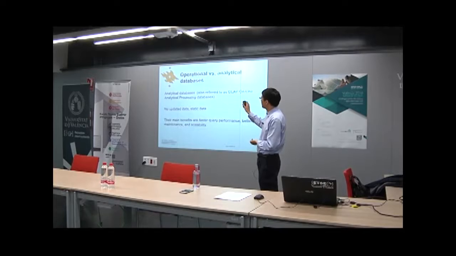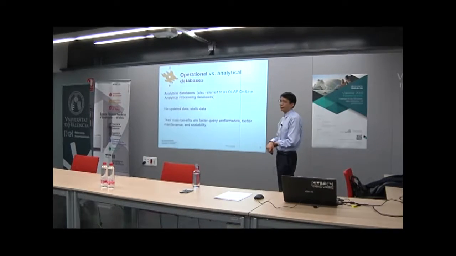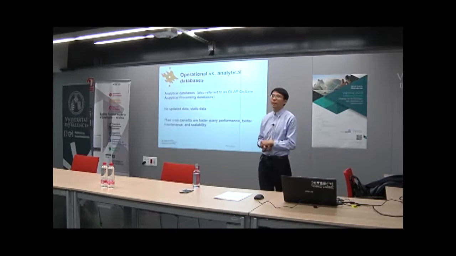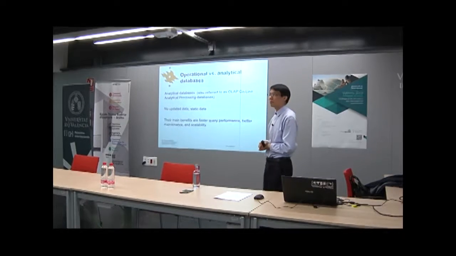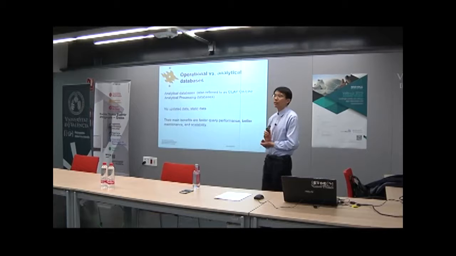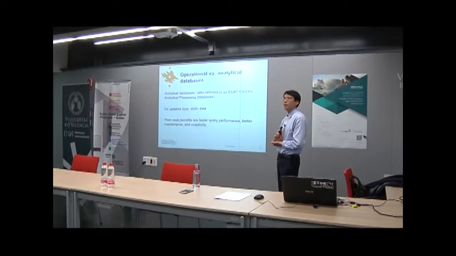In this kind of database, they mainly focus on static data, with no updates for those data. Their main benefit is faster query performance because they usually have to process large sizes of data. So they have faster query performance and better maintenance and scalability. So this is OLAP, the analytical database.